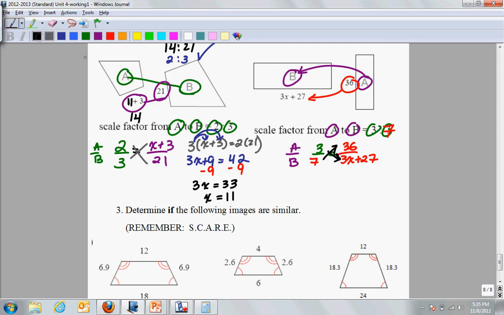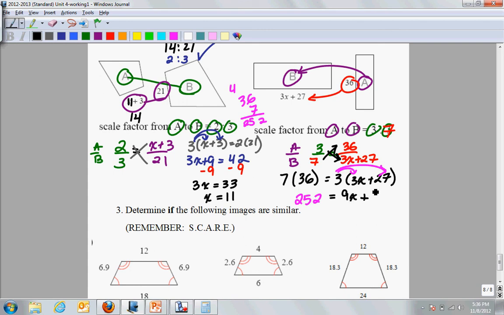So now we have 7 times 36 equals 3x plus 27. We'll take it from there. We get 7 times 36, it's 252, equals 9x plus 3 times 27 is 81.